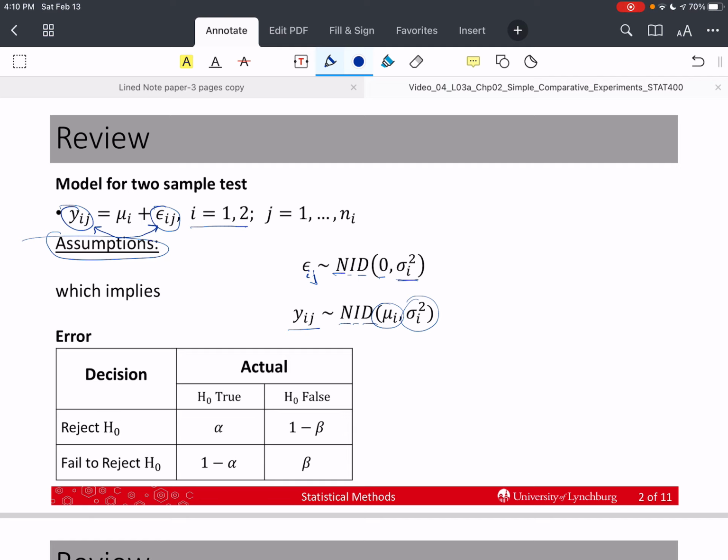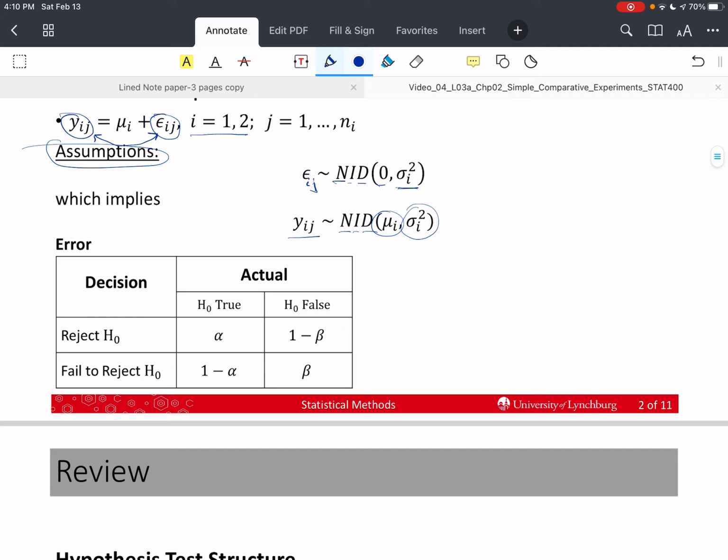Okay. The next topic we discussed were the types of error, and so alpha equals a type 1 error, and this is the probability that we reject H naught given H naught is true. So that's an error. We should not do that, right?